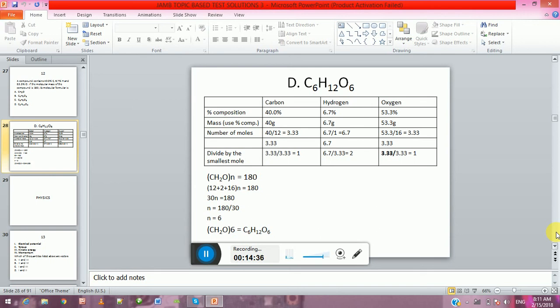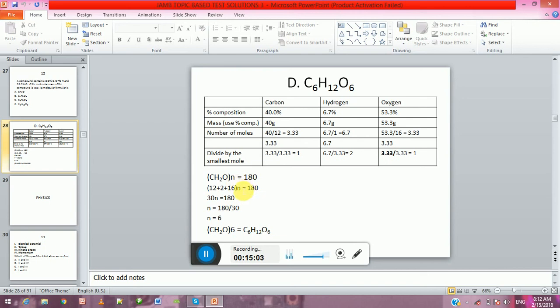So they are in the ratio of 1, 2 and 1. So the empirical formula is CH2O. Now you find N, which is what you multiply by to get the molecular formula. The empirical formula times N is equal to the molar mass, and the empirical formula times N gives you the molecular formula.